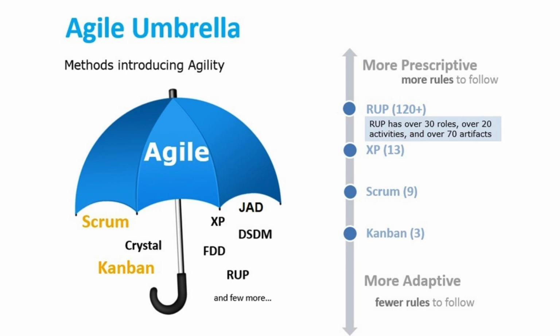Some of these methodologies are highly prescriptive and detailed, exactly what needs to be done by whom, while some other methodologies are just guidelines, where the project team is at liberty to adapt the method to a project situation. Depending on the project that they are working on, they have the liberty to adapt and change.